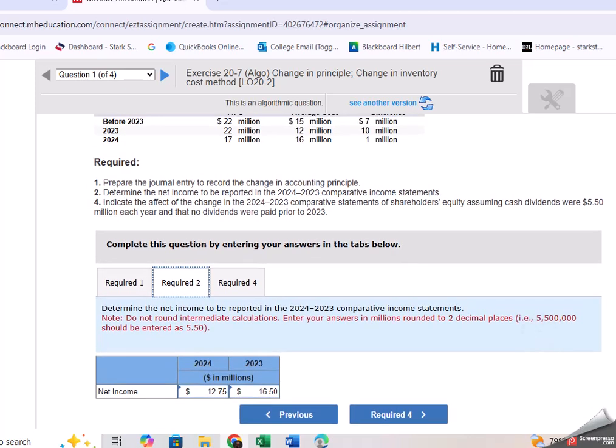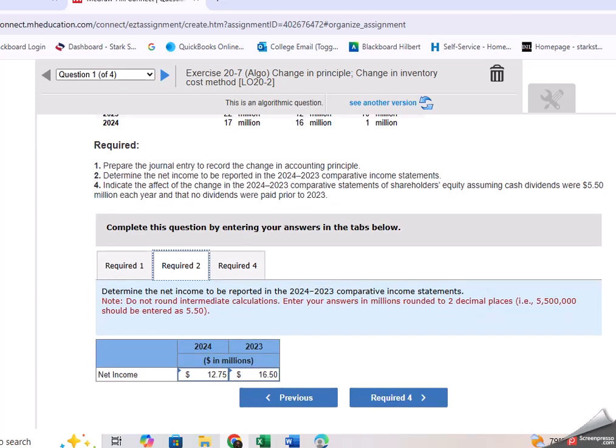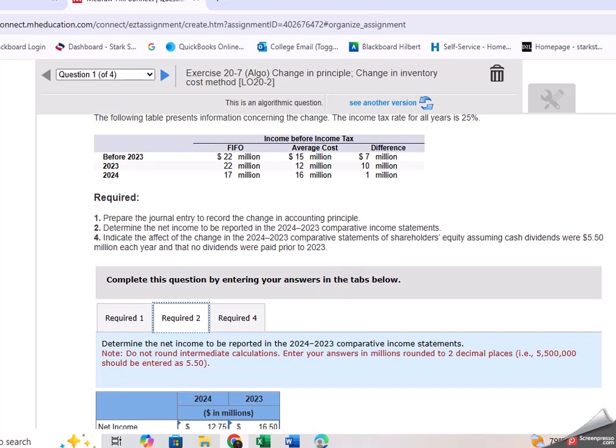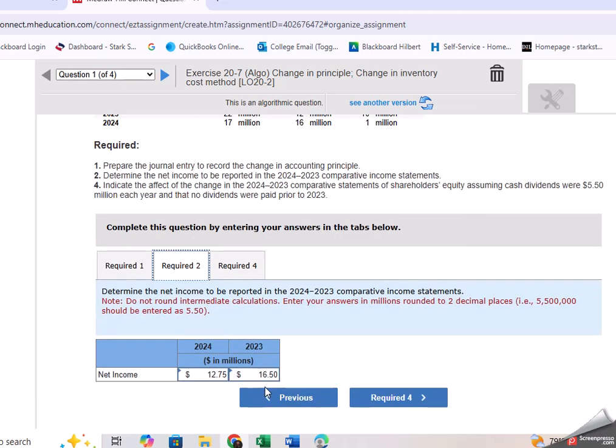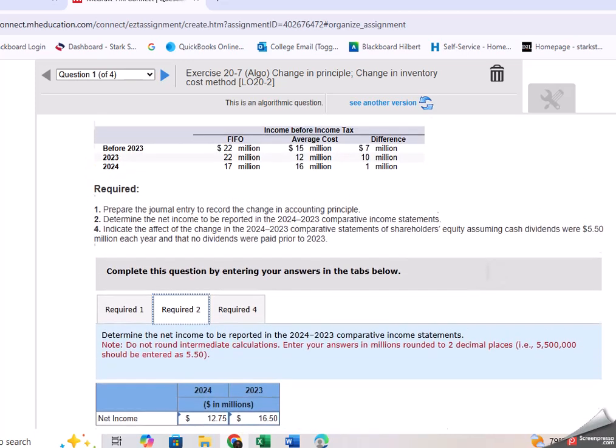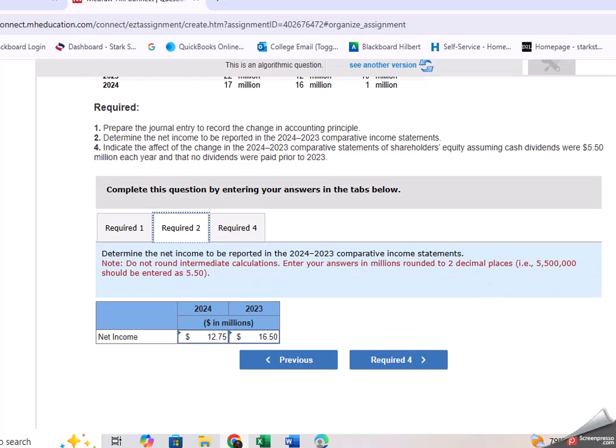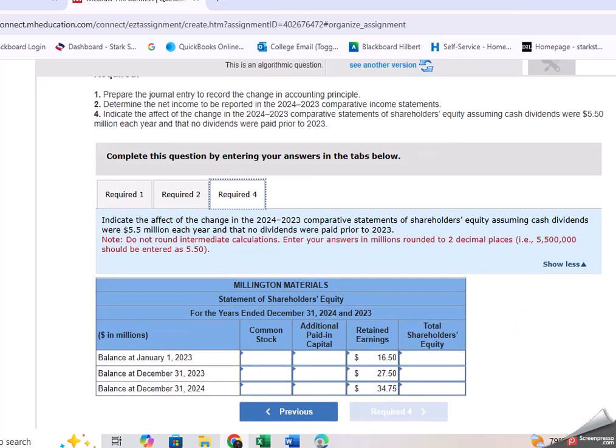So for 2024, the 17 million minus 25% gives us that 12.75. Then for 2023, the 22 million minus the 25% gives us the 16.5. So always take it net of tax when we're calculating out that net income or that change.